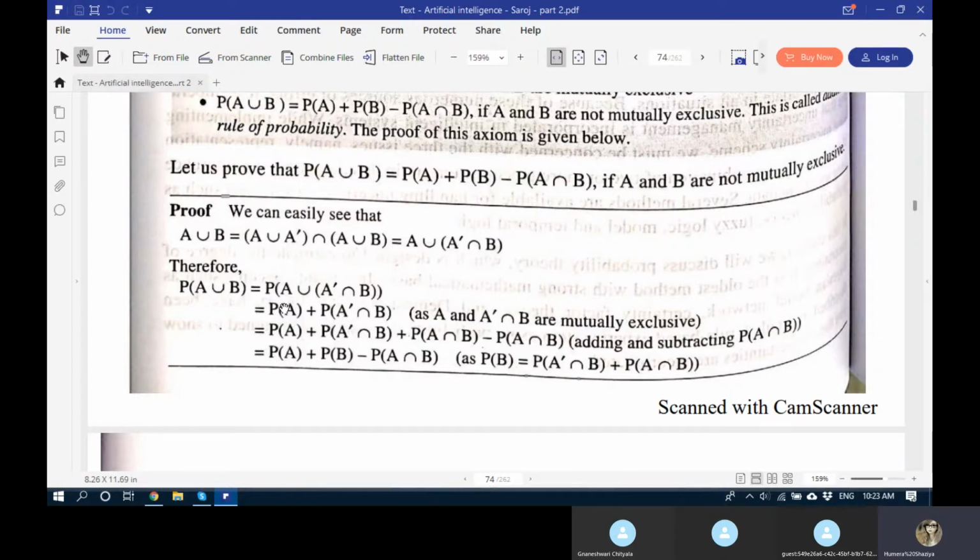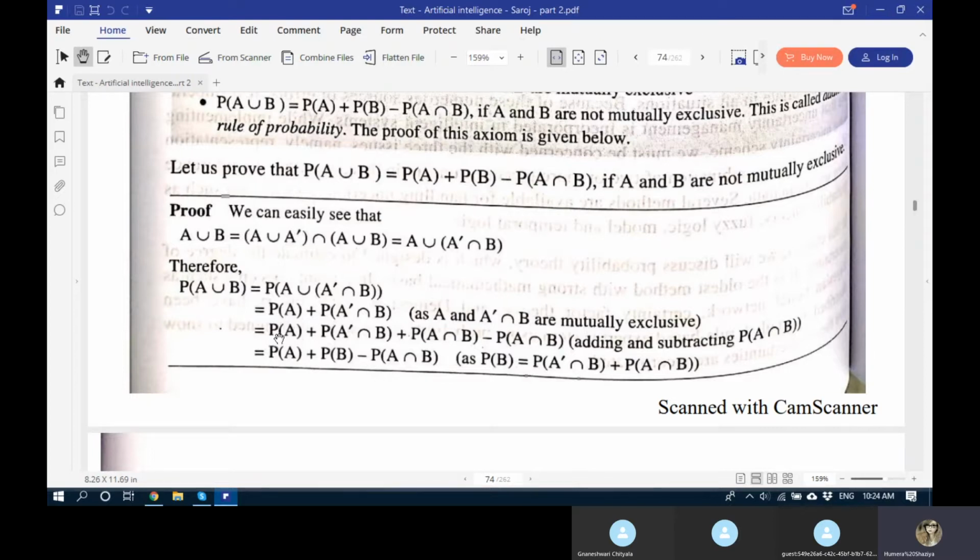So P of A union B equals P of A union (A complement and B). As A and (A complement and B) are mutually exclusive, you are writing it as P of A plus P of (A complement and B), because they are two different events.